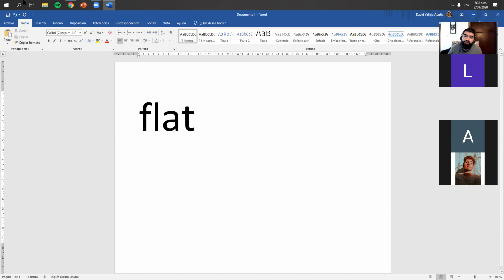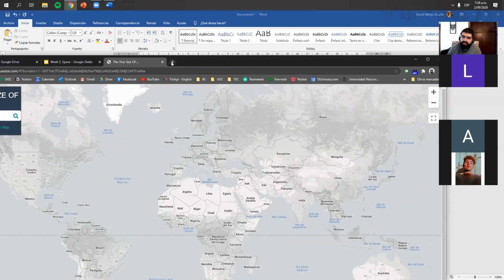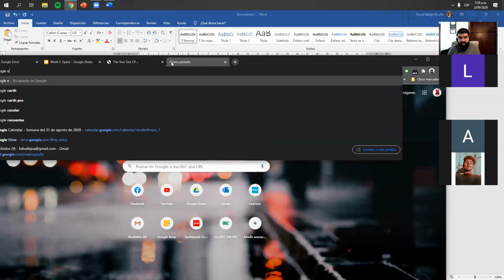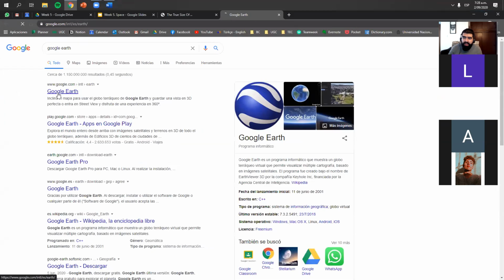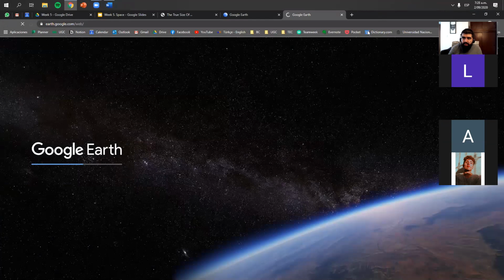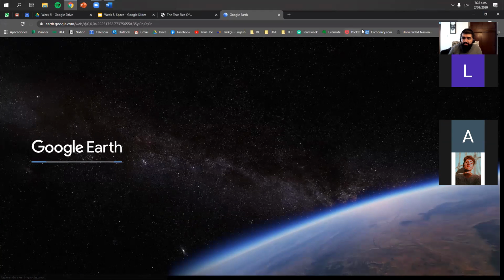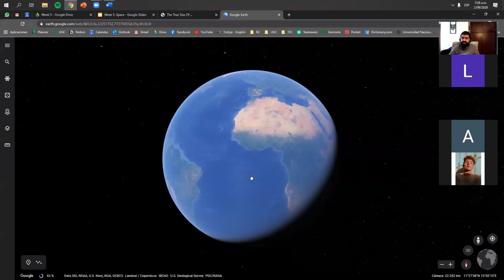There was this application called Google Earth, I don't know if you guys have used it before. Let's see if it's possible to use it here on the computer, because I haven't used it in years actually.